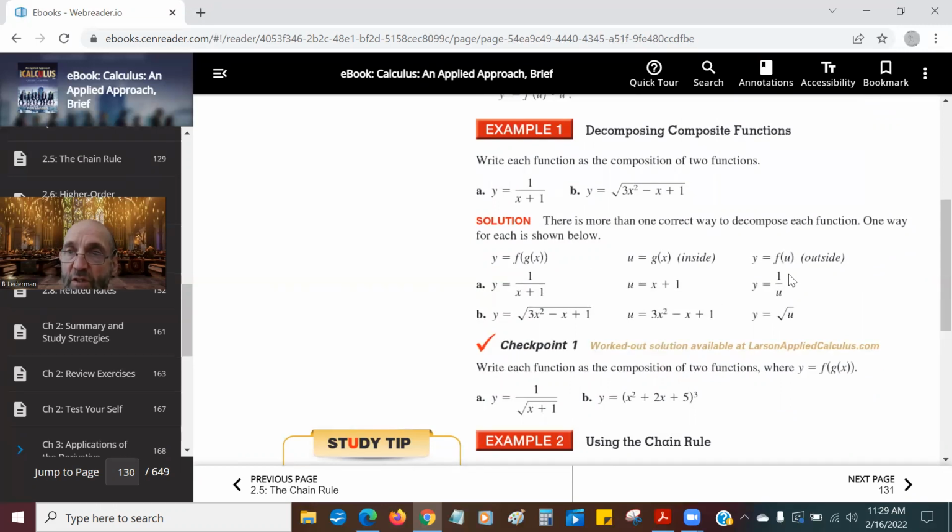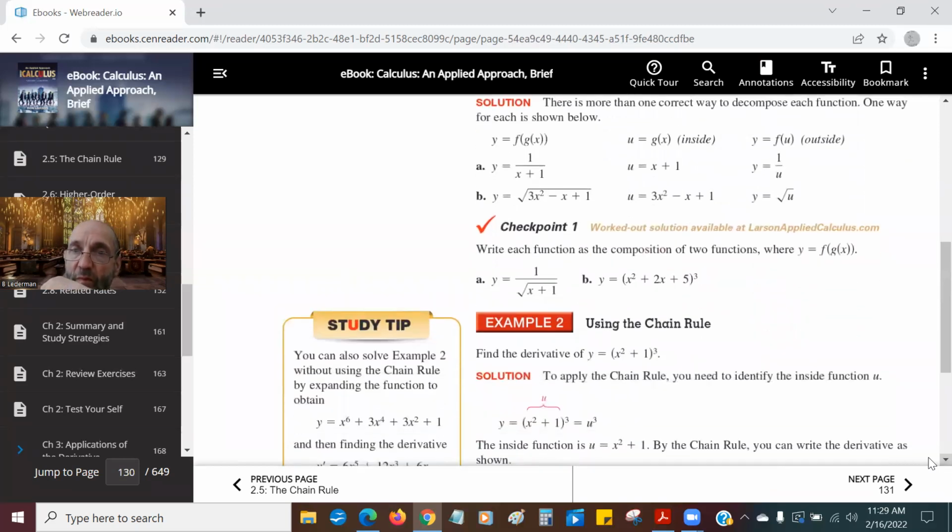The outer function is going to be 1 over u, meaning I take x plus 1 and I stick it into u. And here, the inner function is the 3x squared minus x plus 1. The outer function is the square rooting of that.